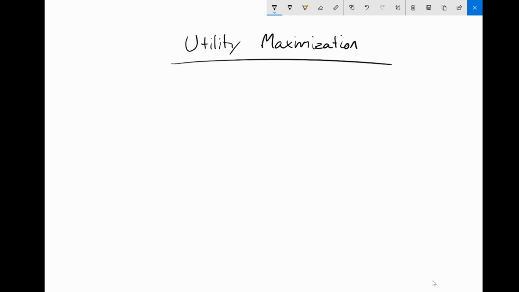That a rational agent always makes decisions that give them the most of what they prefer, given the constraints that they face. We talked about how they make decisions on the margin. That is, that they use marginal analysis. We make decisions on the margin, and we make optimal decisions.